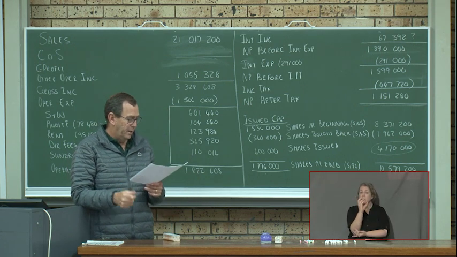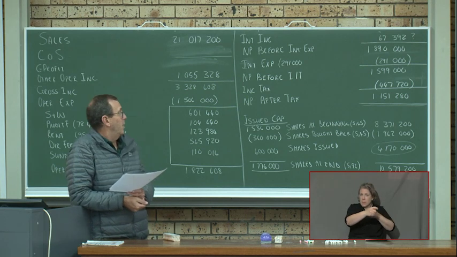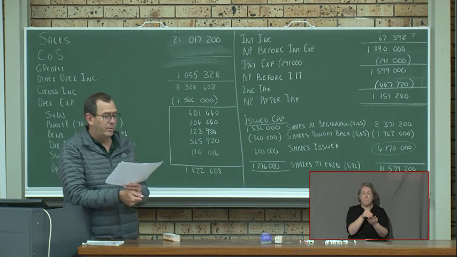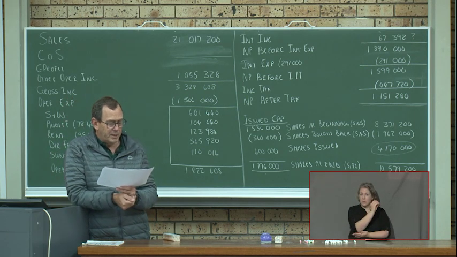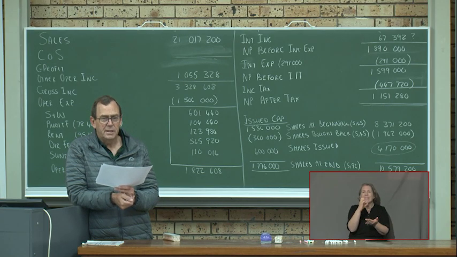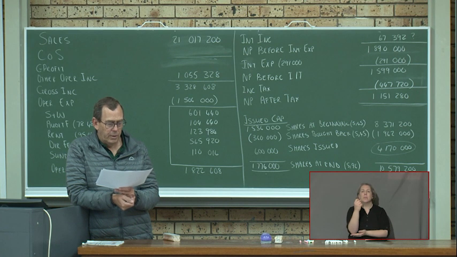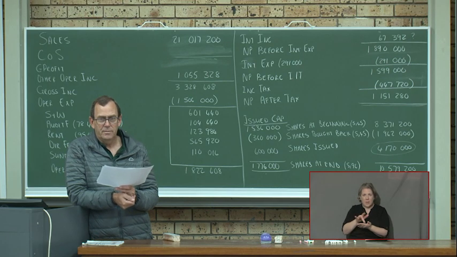The markup is 120%. Your sales, 21,017,200. Your markup is 120%. Trade discount was 336,000. Quickly calculate the cost of sales.